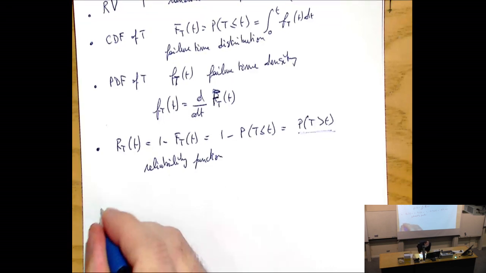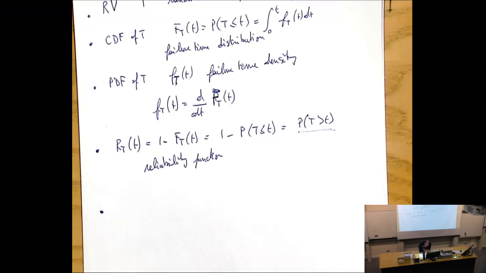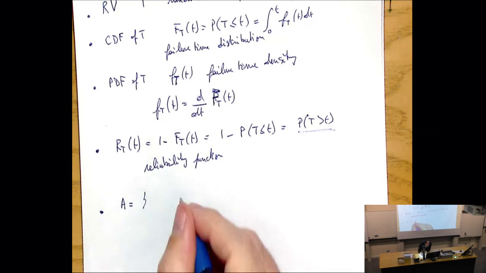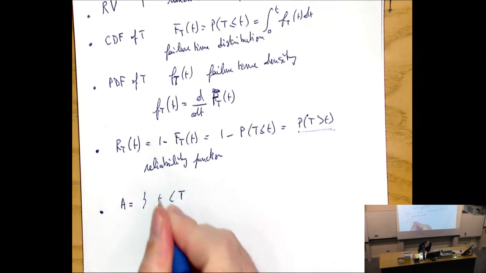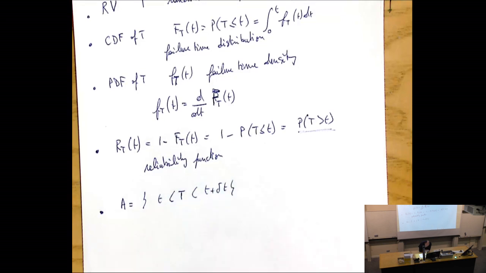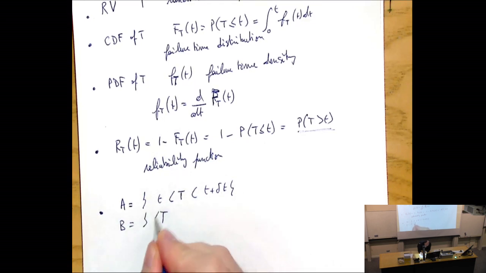Right, one more thing. Let's define some events. Event A is the event that t is larger than t and smaller than t plus delta t, where delta t is a very tiny interval, and B is the event that t is larger than t.